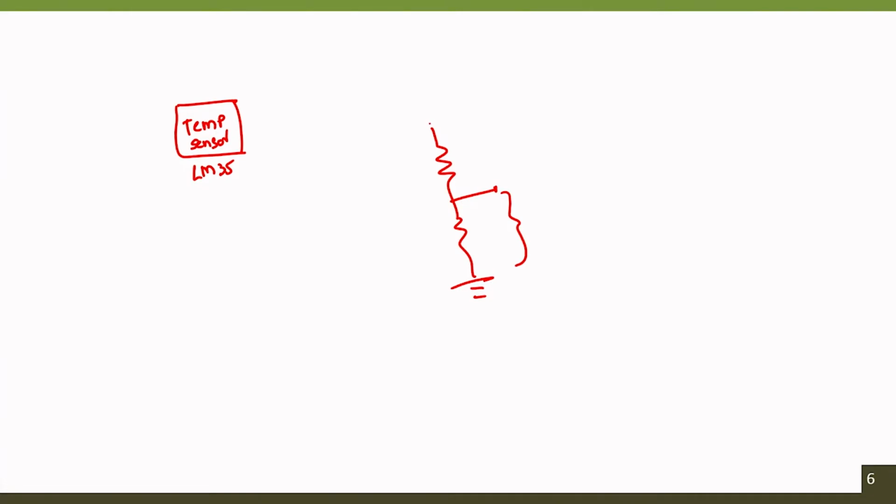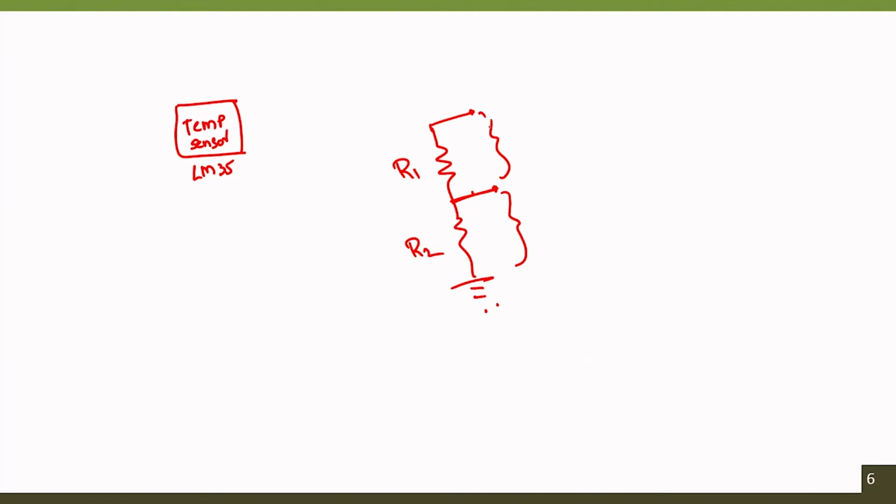Whereas if the requirement is to measure the difference across a particular resistor, say R1, where neither terminal is connected to the ground, in such cases we require a differential input, because the voltage at this point with reference to the ground is different from the voltage at that point with respect to the ground. So we measure the difference between these two terminals.